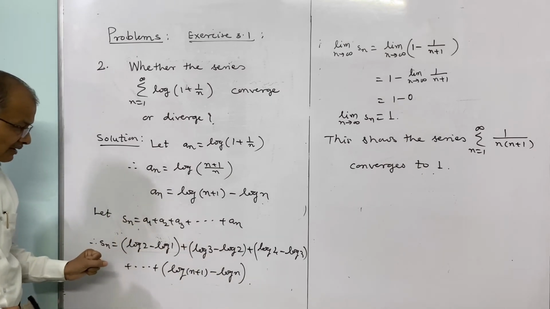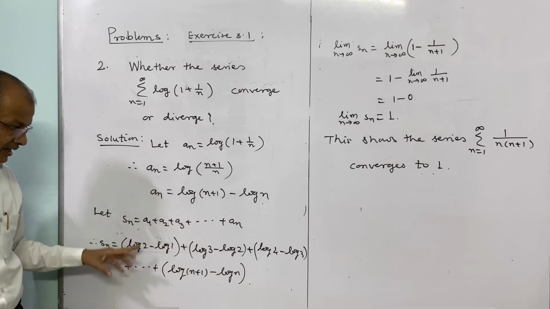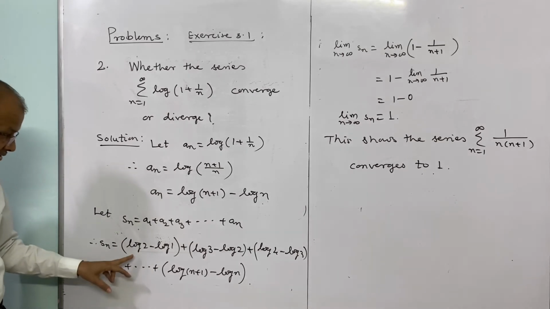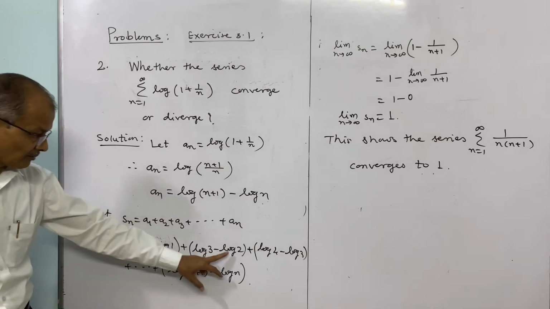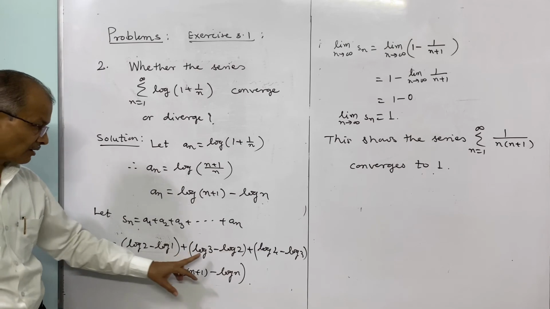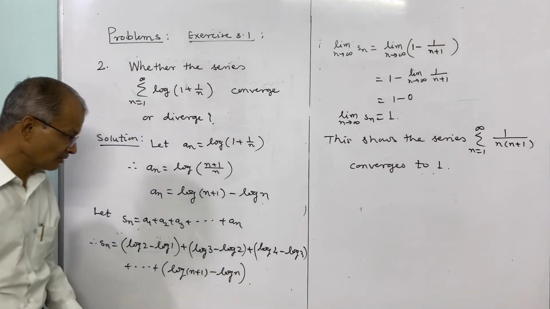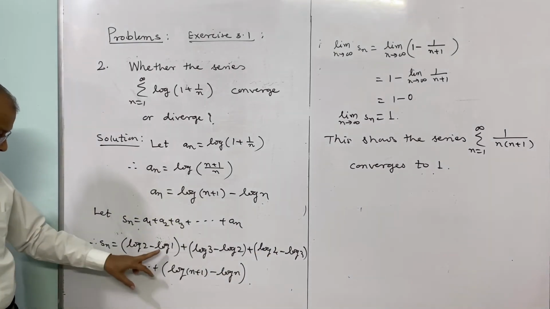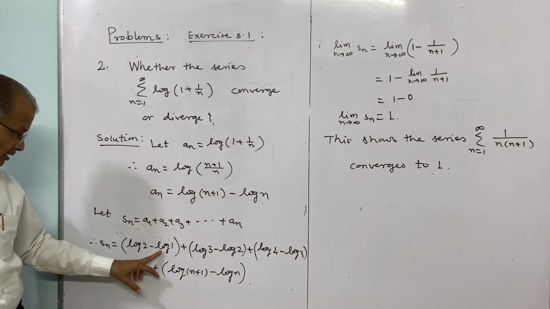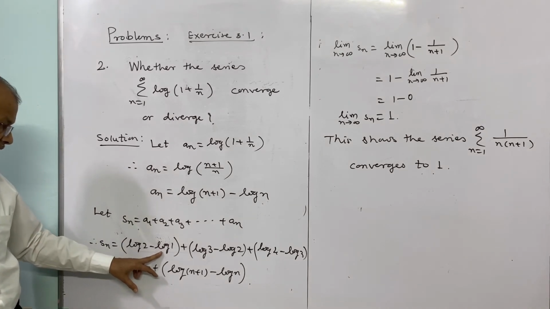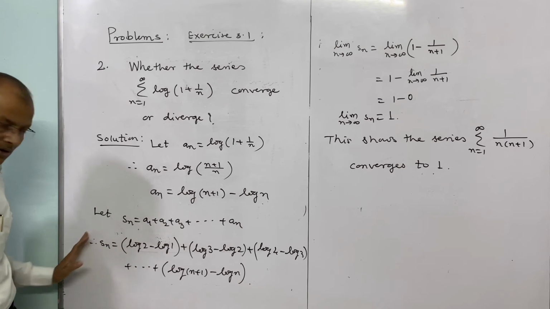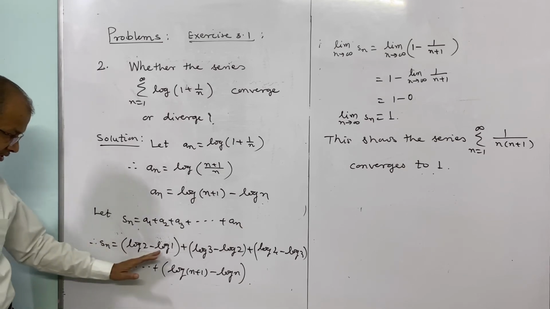So this is Sn. Now, as earlier, we may observe what this sum will be. There are terms with positive and negative signs, and they get cancelled. Here log 2 minus log 2 becomes 0, log 3 minus log 3 becomes 0, and so on. But this term will remain, because there is no previous bracket to cancel it; this is the first term.